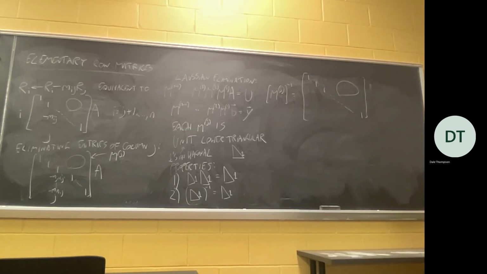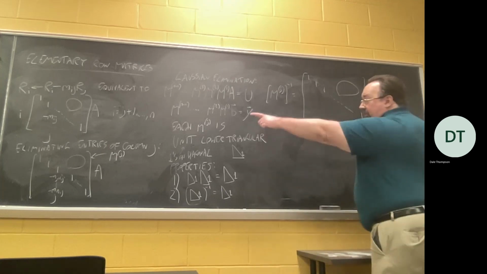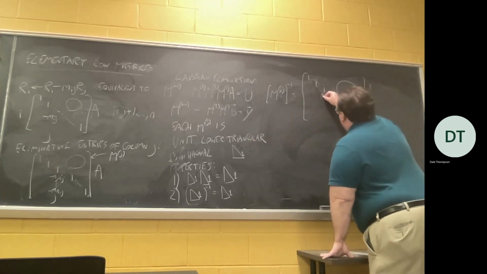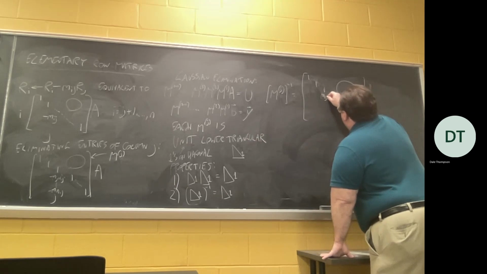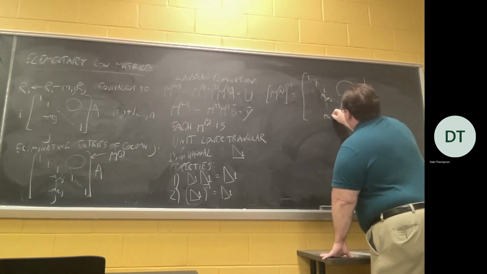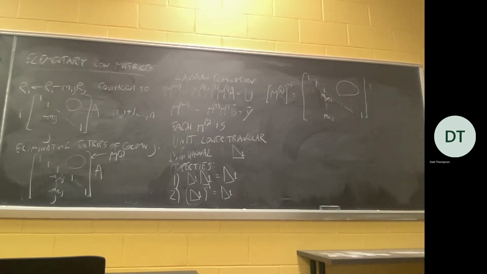So what's happening in the lower triangle? It turns out we have almost exactly the same thing. It's the multipliers again, only without the minus sign. It's the multipliers themselves.